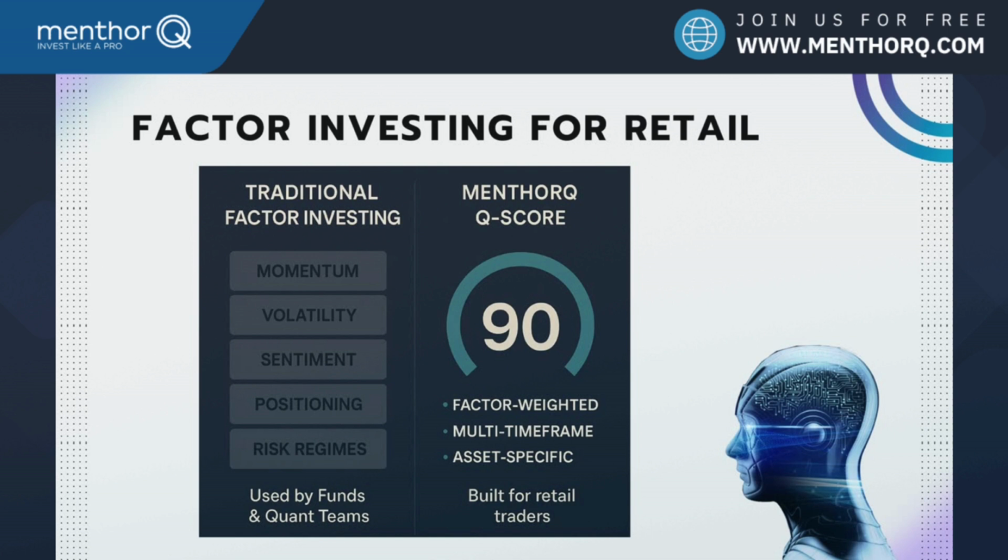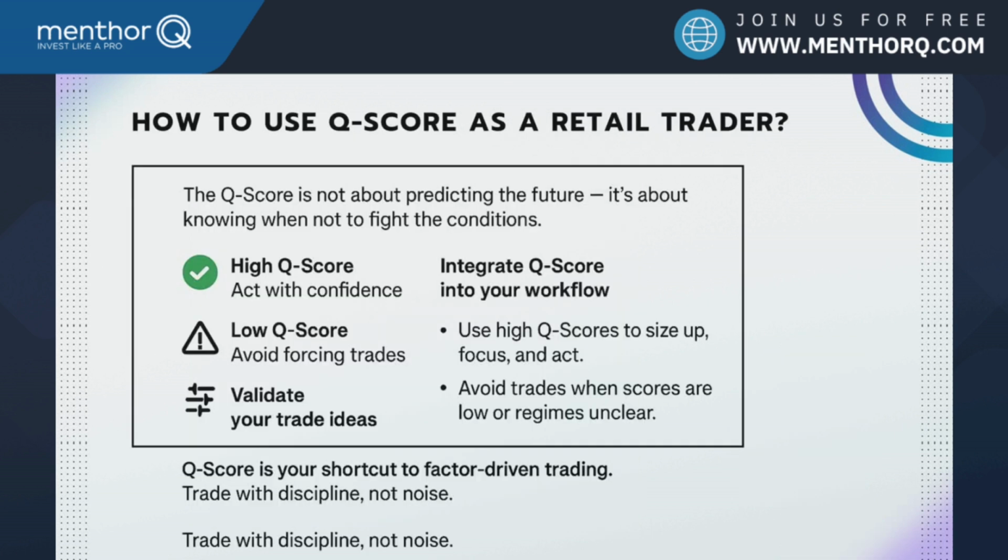So whether you're trading crypto, stocks, or indices, the Q score has been designed to give you clear, data-backed analysis by looking at multiple factors. So you're not trading with emotions, you're trading with data and using the same approach leveraged by institutions. So how can traders use the Q score?